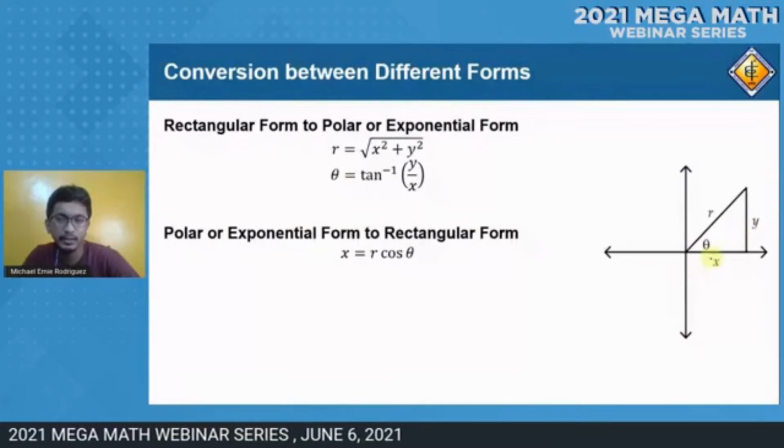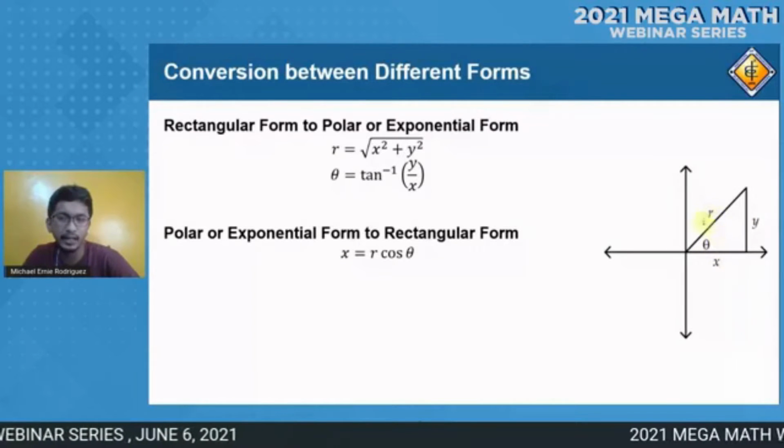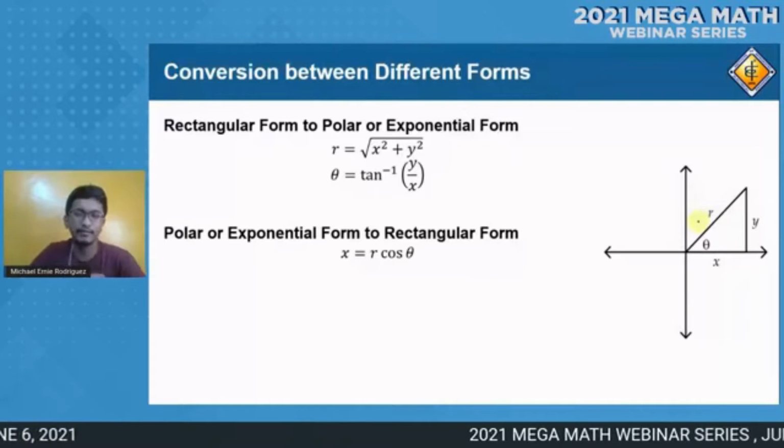So to get x, the relationship between your x and r is cosine theta.